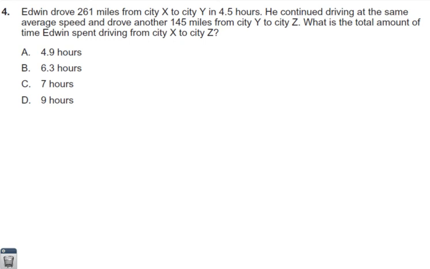All right, so we're going X to Z. Essentially, we need to figure out how long it took Edwin to drive that 145 miles, and then put those two amounts of hours together, from X to Y to Z. Now look, 261 miles in 4.5 hours.